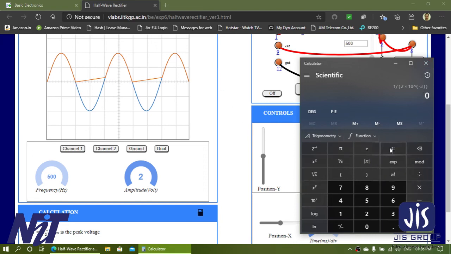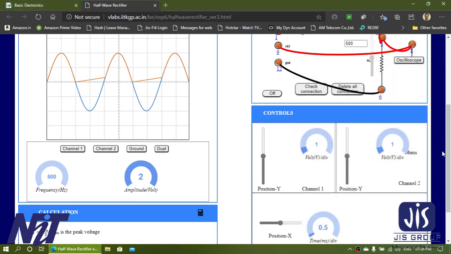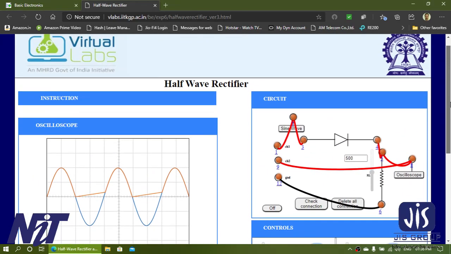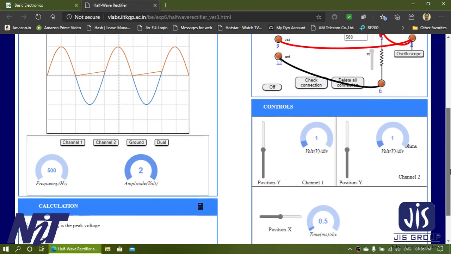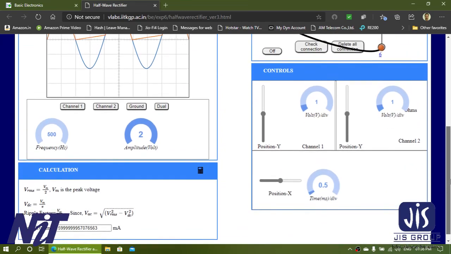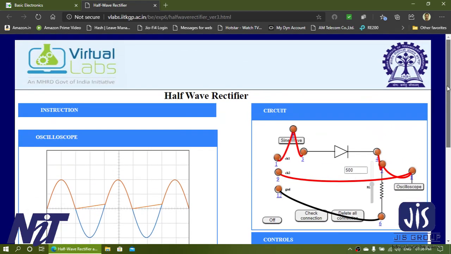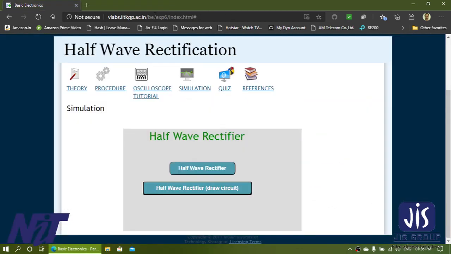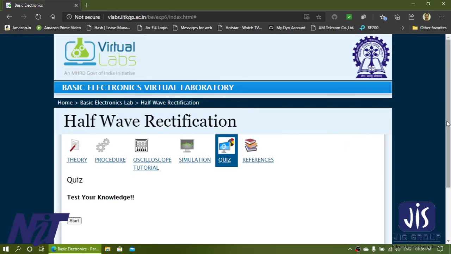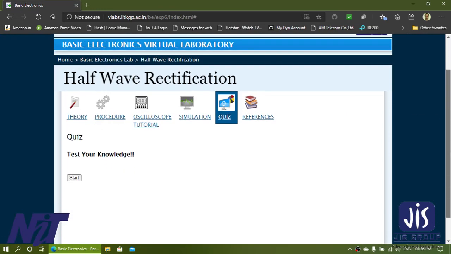So in this way you will do all your half wave rectifier related experiments and simulation from these websites, and then after doing this simulation you will go to the quiz section. Here is a short quiz section to test your knowledge as well.